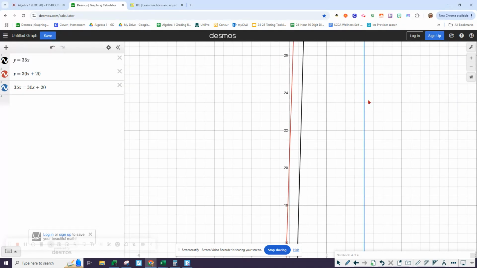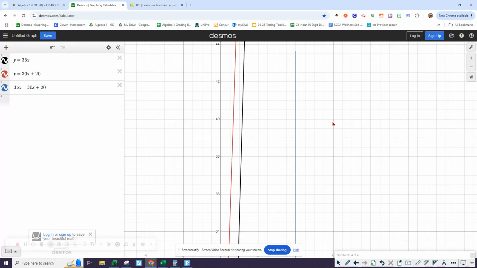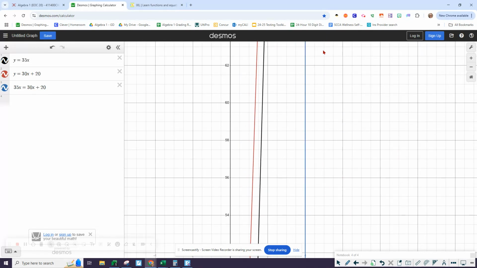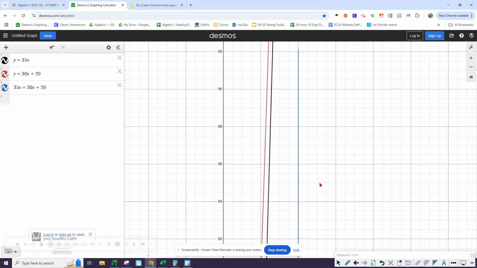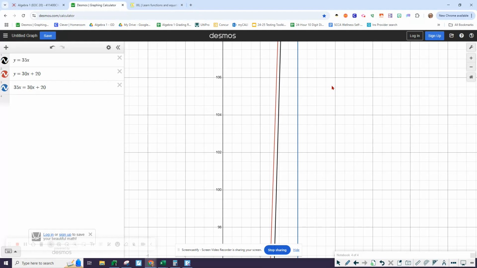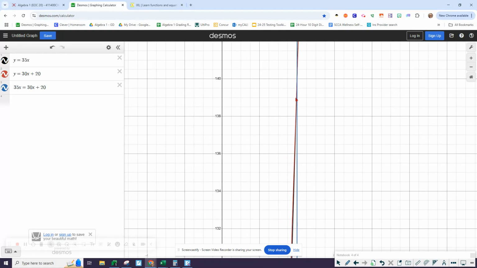So I know when x is 4, they're both going to meet. Keep climbing. It's way up here. See, that's why you need to know what the question is actually asking, because this takes some time to scroll and scroll and scroll to find where the intersection is up here at 4. All right, where is that point?